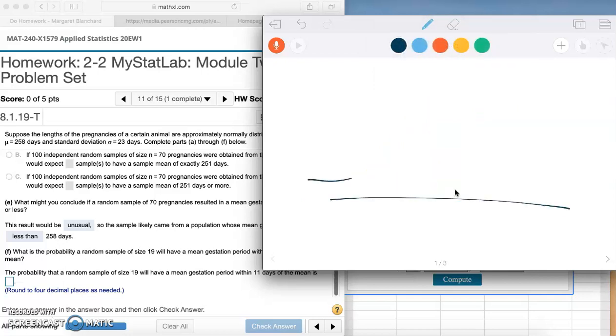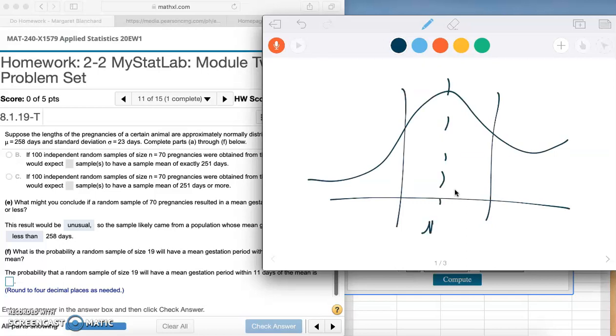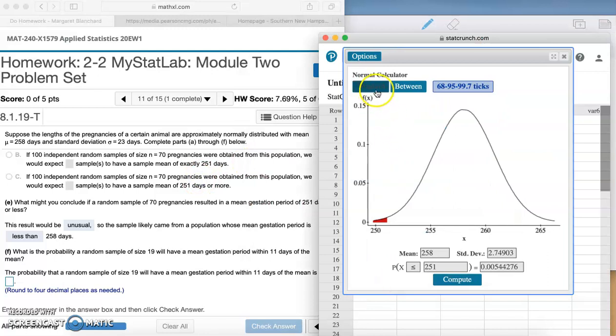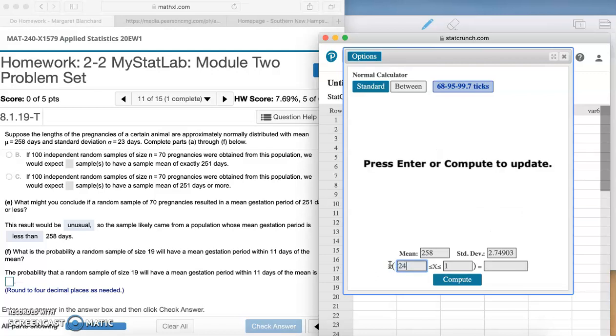Now we're looking at this, where this is our mean, and we're looking at 11 days in either direction. Since our mean is 258, this is where we get to switch this to between. 258 minus 11 gives us 247, and plus 11 gives us 269.